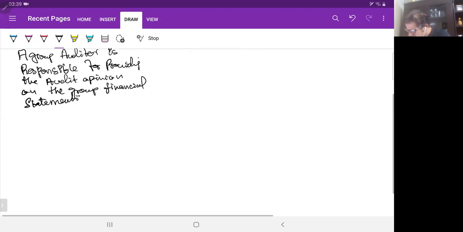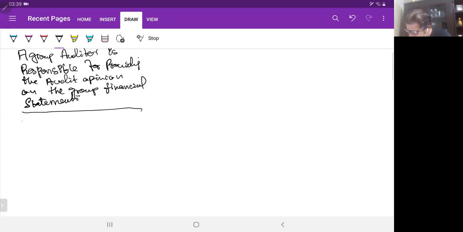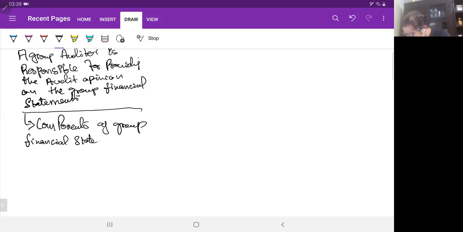So, components of group financial statements can include what?